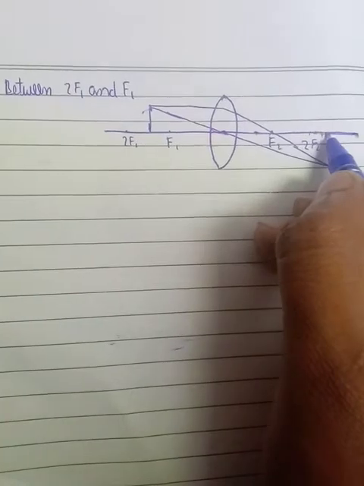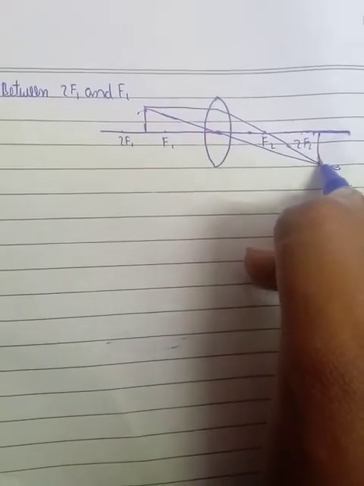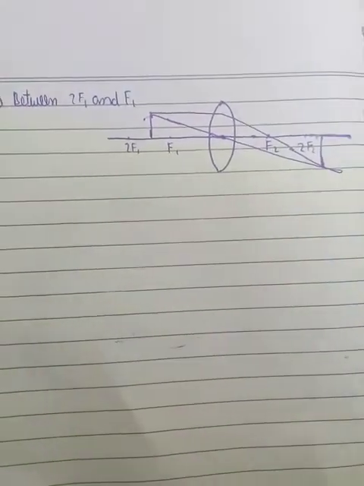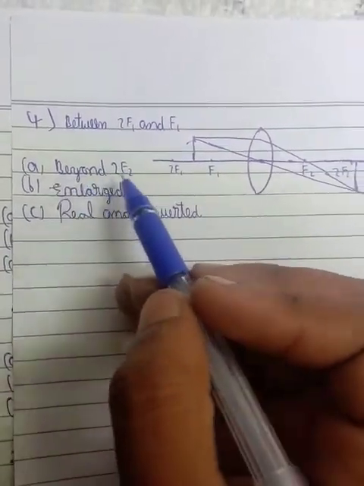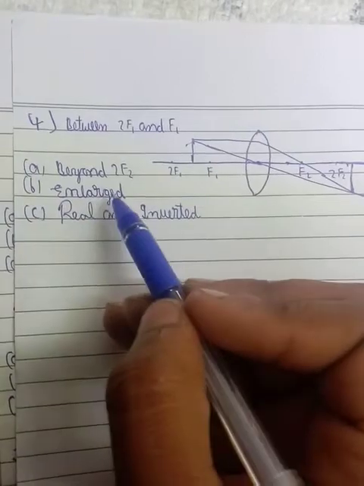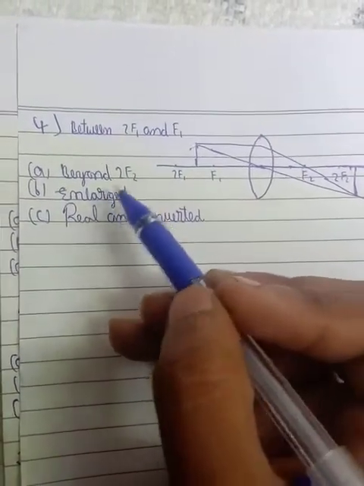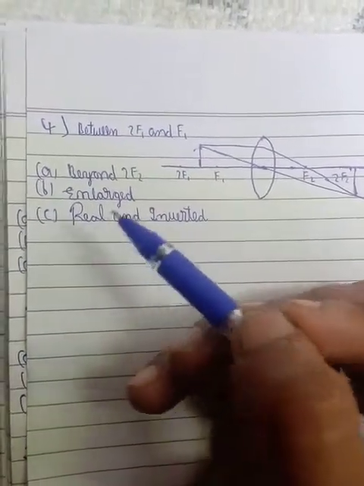It will be formed beyond 2F2. The characteristics of the image formed are: it is formed beyond 2F2, it is enlarged, means larger than the object, real and inverted.